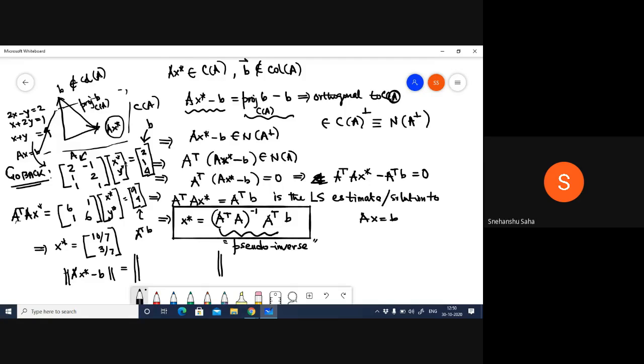Okay. So you compute this AX star because now you know your X star and you know your A. You multiply this, and you will get a column vector. So A is a 3 by 2 and X star is a 2 by 1.